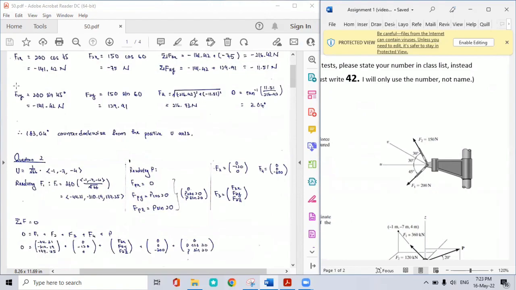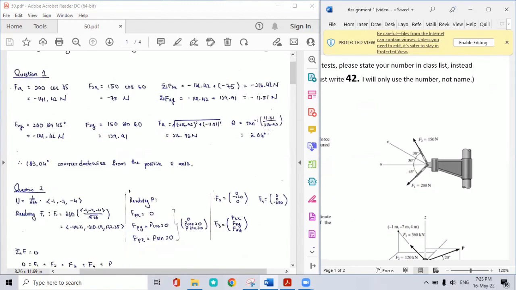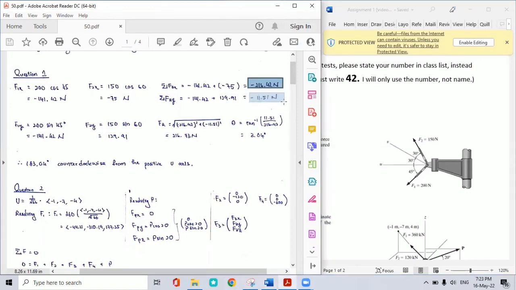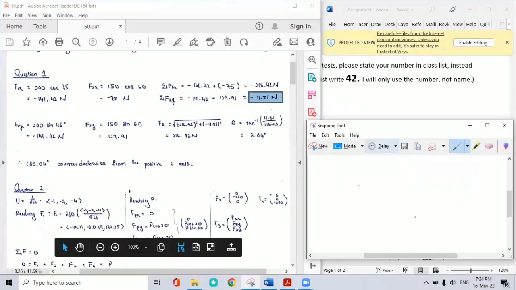For the vertical axis, we also have to sum up the F1 and F2 vertical direction forces, and we will get negative 11.51. Then to get the resultant force, we have to square both of these magnitudes. This is because of the Pythagoras theorem.